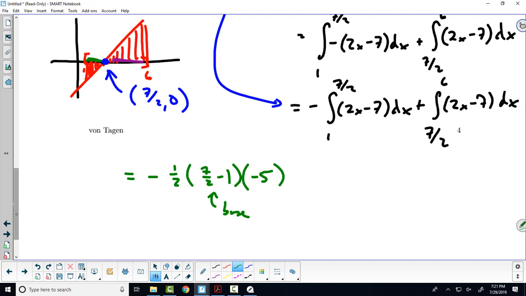How did I get that -5? That's this point right here, the ordered pair (1, -5). And so what's the height of this triangle? It's -5. And because its height was negative, you see precisely why we ended up putting a minus sign in the very front of it, right?